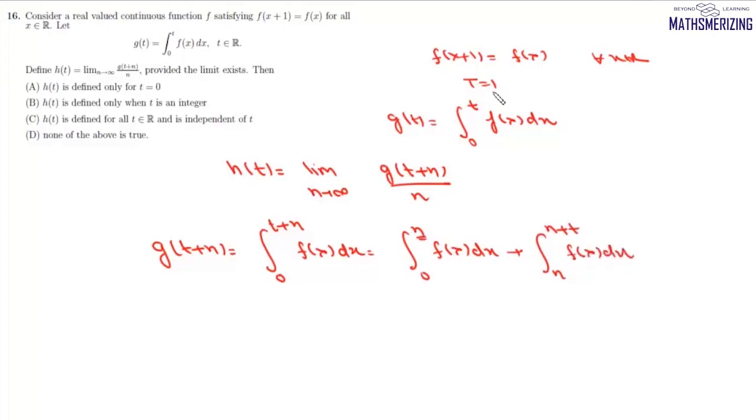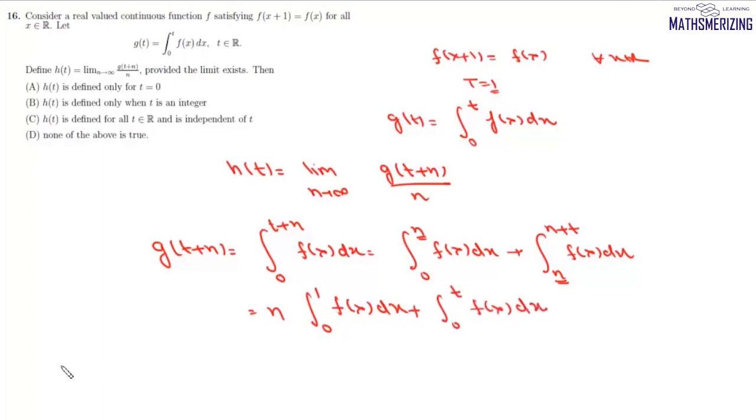Now this function is periodic with period 1. So we can write this as n into this integral from 0 to 1 of f(x) dx and then plus the integral from n to n + t, and it will be from 0 to t of f(x) dx.